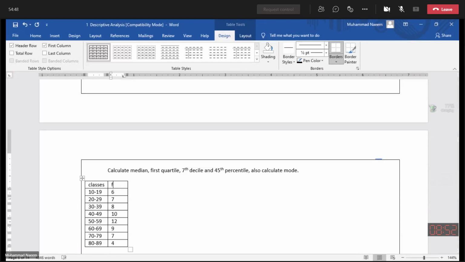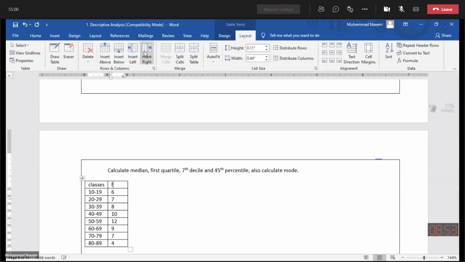So remember, for this case, we must have class boundaries. So first of all, we need class boundaries. Convert these classes to class boundaries. How can we do this?